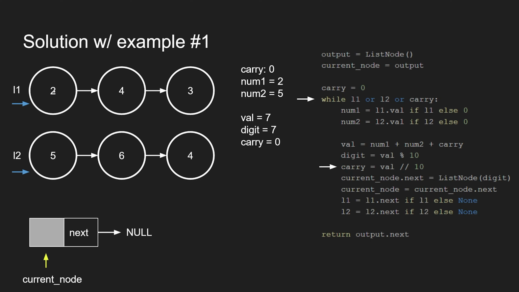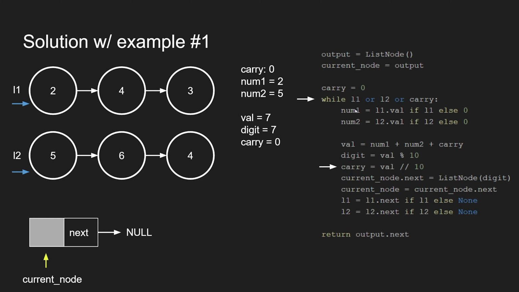So while any one of these things is true, then you go into the while loop. If you run out of inputs from L1, if you run out of inputs from L2, and the carry is 0, then you skip this while loop.